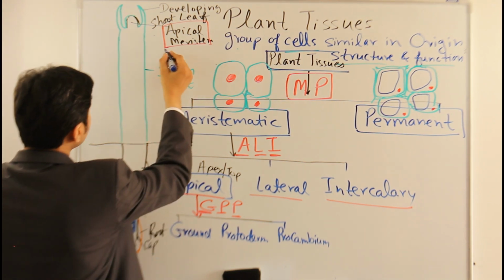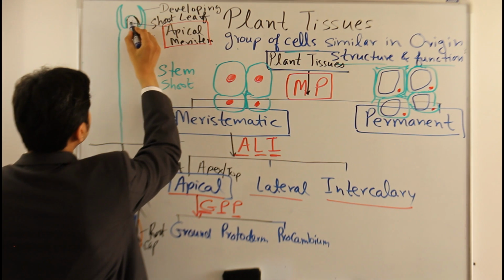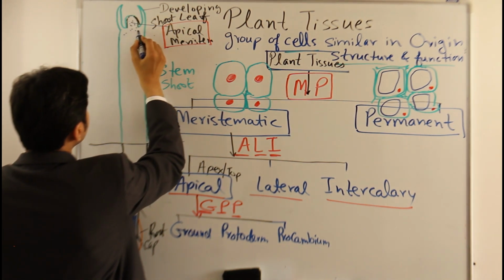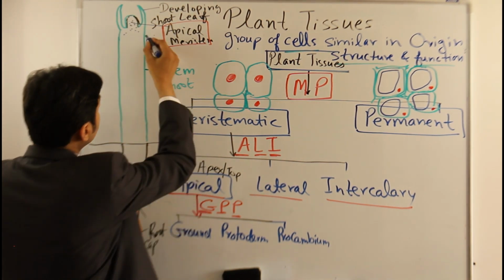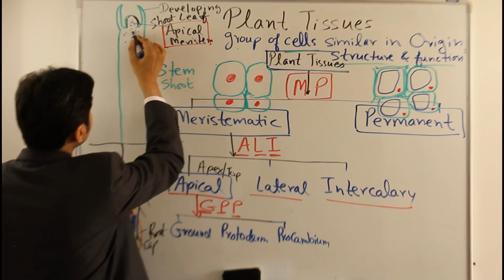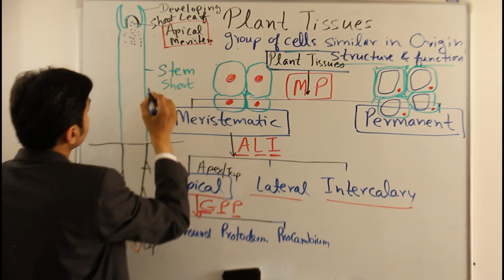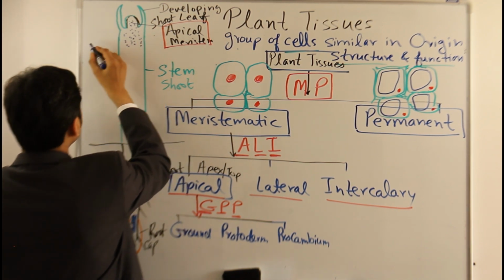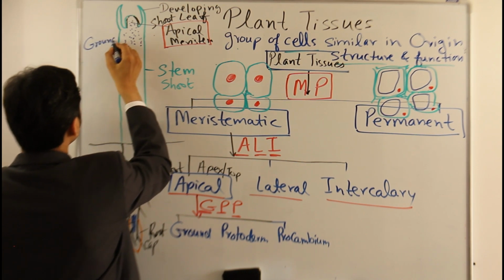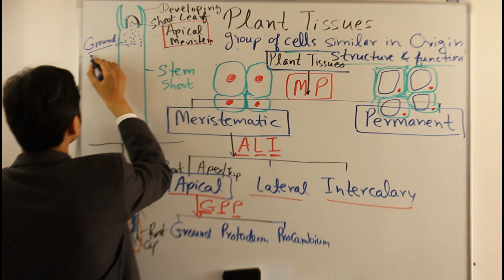Now ground tissue, now you can see here these are the cells which are divided. Now what happens, ground tissue is basically found here in the region of the pith, which is the center, and the cortex region. So ground tissue is present in the cortex and in the pith.